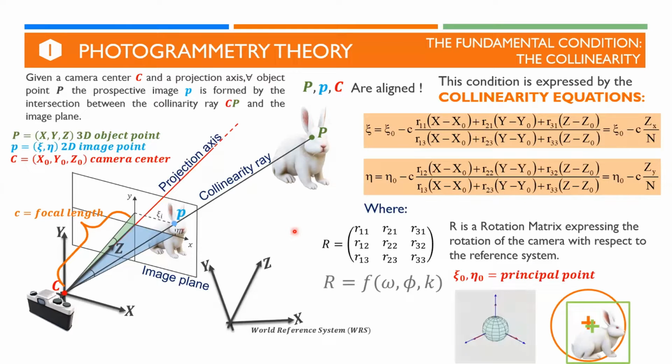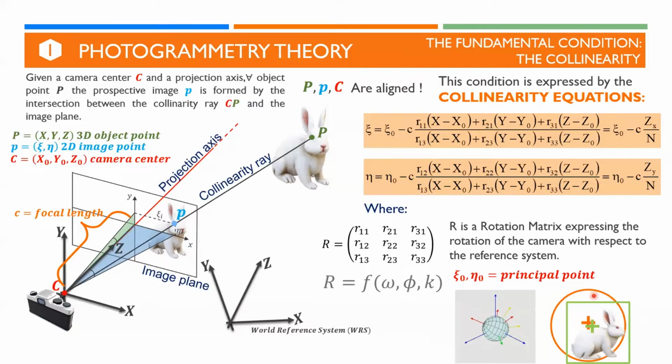So we need to include in our collinearity equation some parameters, some elements that are able to express and represent this rotation. This rotation is, as you can see here, omega, phi, and kappa, or also the yaw, pitch, and roll. So the rotation along our three axes.